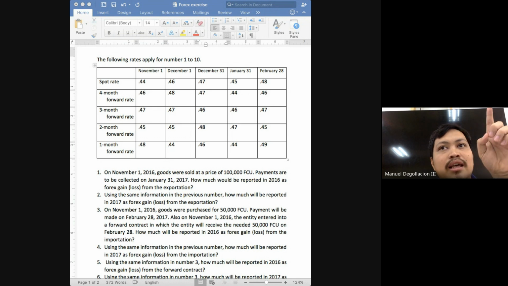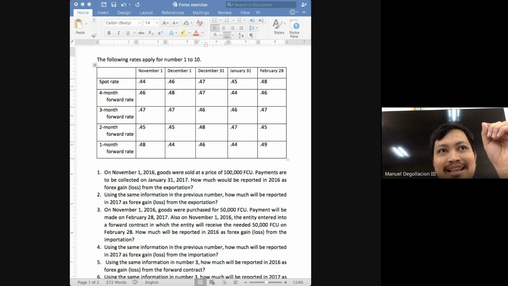So what do I mean? It is the accounts payable or the accounts receivable that will fluctuate, not your purchases or your sales. Do you follow, class? You will have forex gain or loss because of the fluctuation in the spot rates that will be applied to your accounts payable and your accounts receivable, not to your purchases or to your sales.